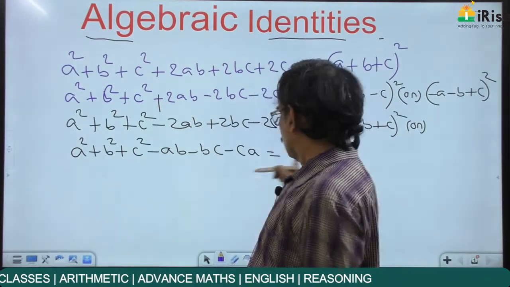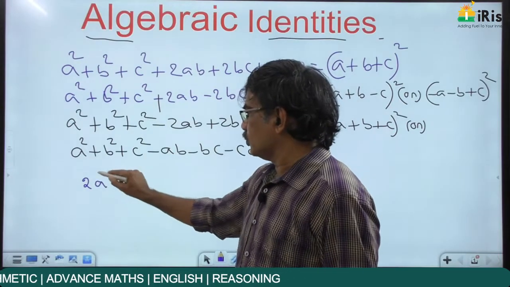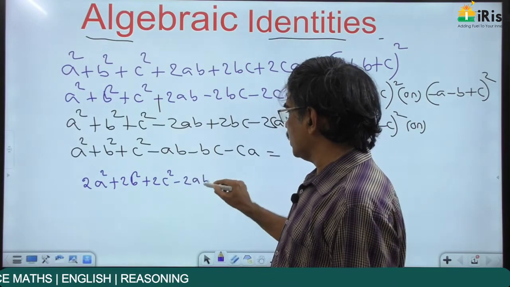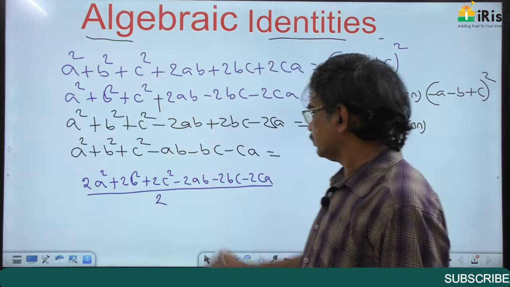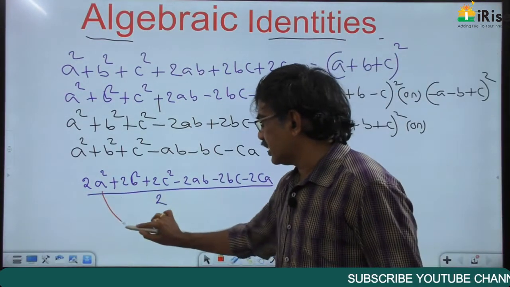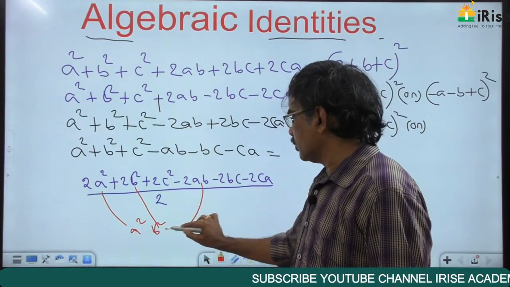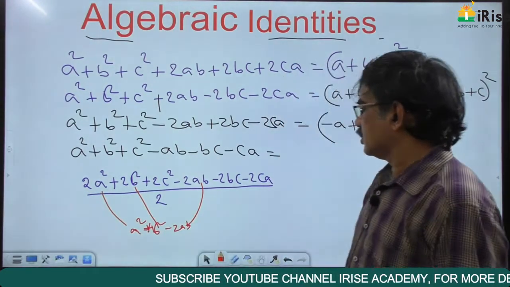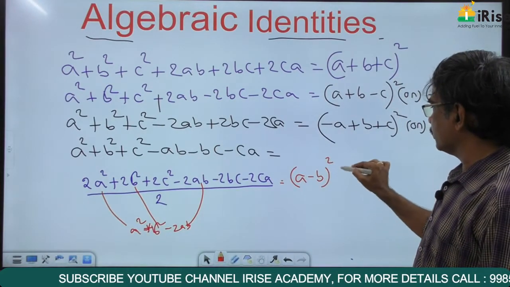So to write the formula, first listen carefully. Just multiply by 2: 2a square plus 2b square plus 2c square minus 2ab minus 2bc minus 2ca, divided by 2. From this, write 1a square, 1b square minus 2ab, which can be written as a minus b whole square.